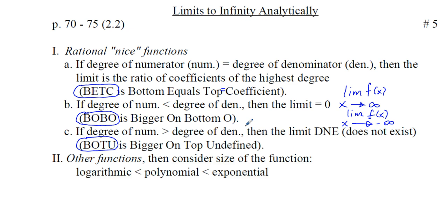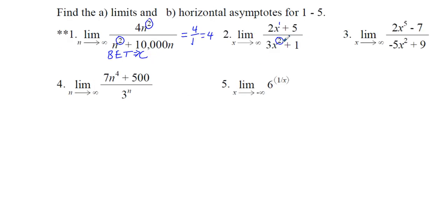And for that, we're going to look at bigger on bottom because 2 is greater than 1, and so what we have is 0. And what this means practically is the farther we go toward infinity, whatever is in the numerator is going to be washed out and overwhelmed by what's in the denominator, and hence we're going to converge to 0.